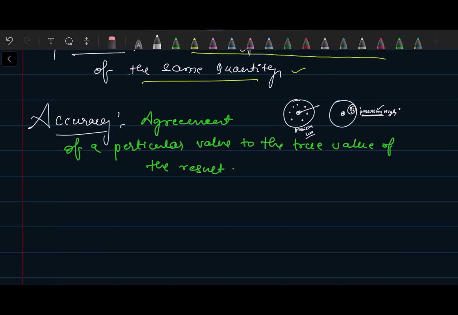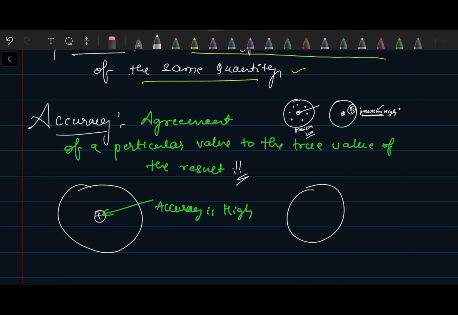It means it is approximately near to the value only. For example, if it is my circle and it is my target center point, then if I reached exactly at the center, then accuracy is very high. If in one more circle I could not reach nearby to the center, if I reached a little bit away from the center, then accuracy is low. I have some images in which I mentioned this clearly. Let's see one by one.